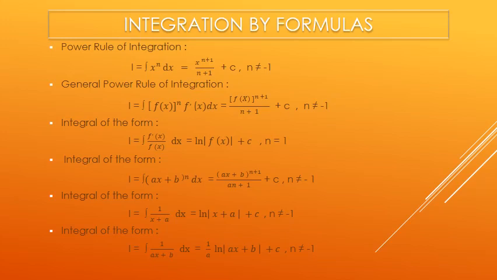And in integration, we add the power and we divide by the power. And this is called the general power rule of integration. In this rule, we have the function and its derivative. Then we solve it by [f(x)]^(n+1) divided by n plus 1 plus c, where n is not equal to minus 1.